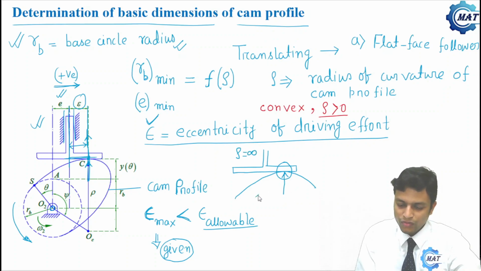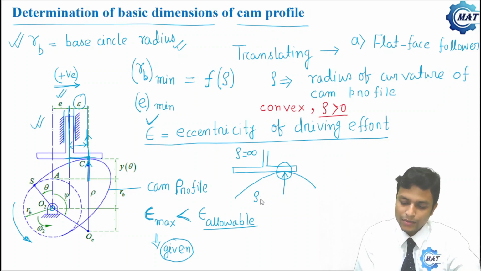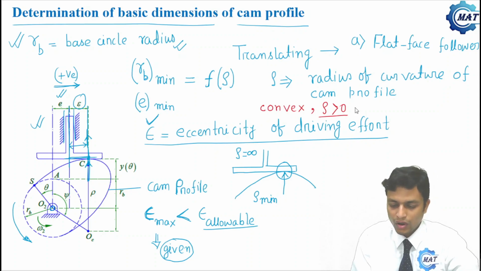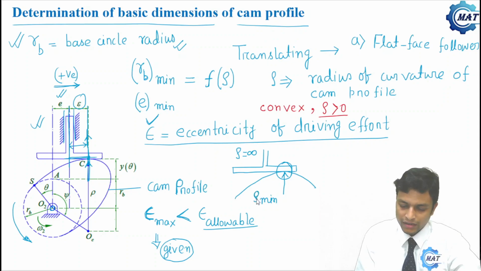If the rho value for the cam profile is very small, then contact stress will be high. So there is a minimum value of rho which is prescribed for the cam profile, and that depends on the contact stress. Here the value of rho min will also be given.